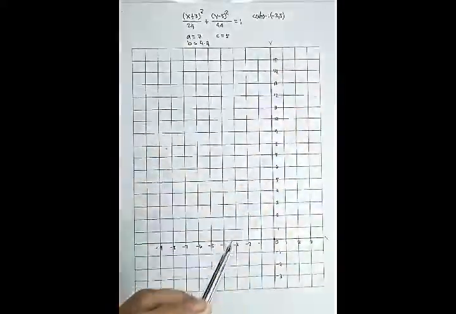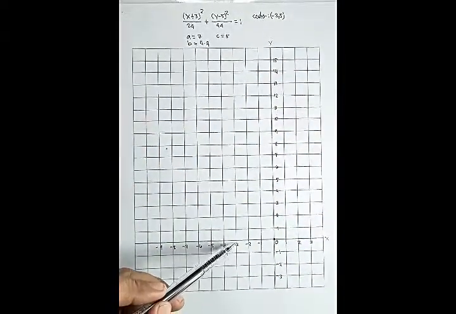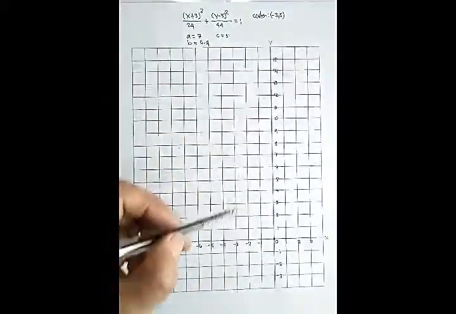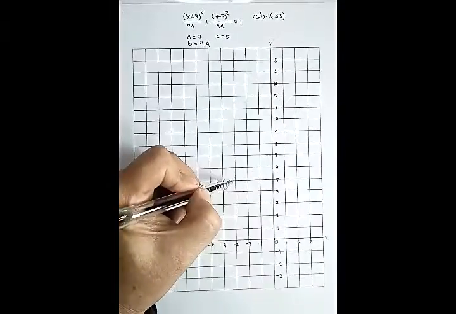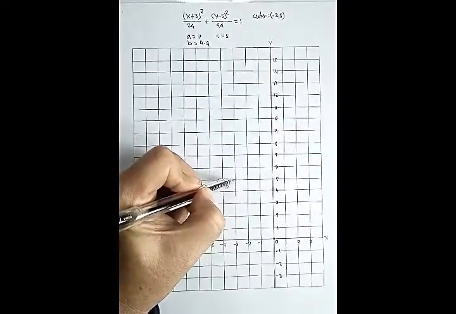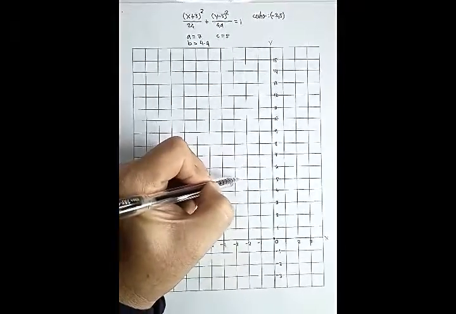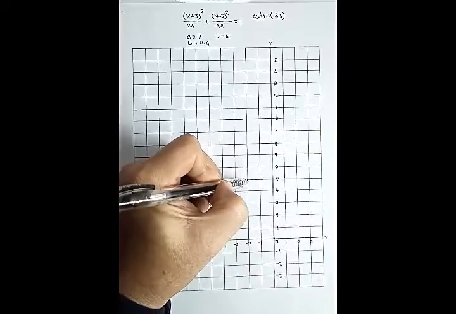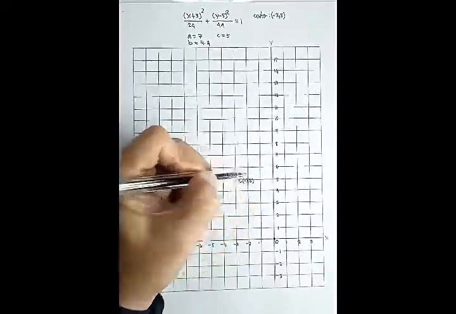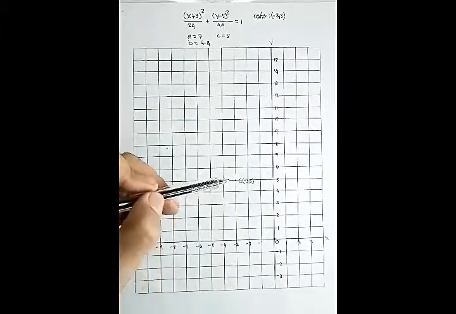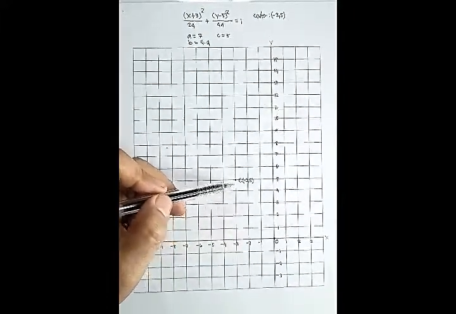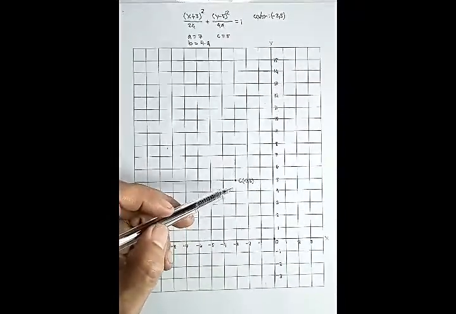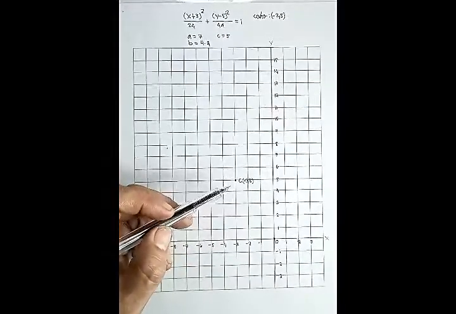So negative 3, 5 is at, there is a negative 3 and then its value for y is 5. So here is the center of the ellipse. C is at negative 3, 5.